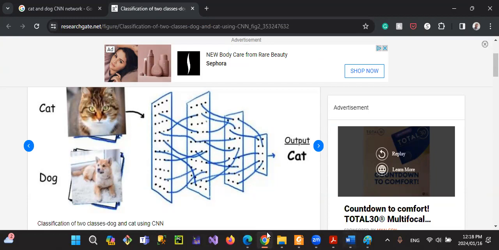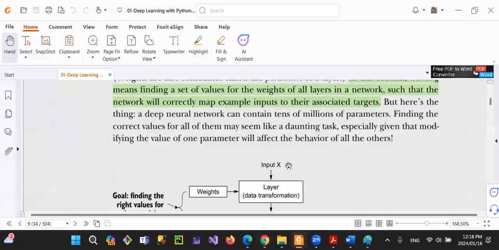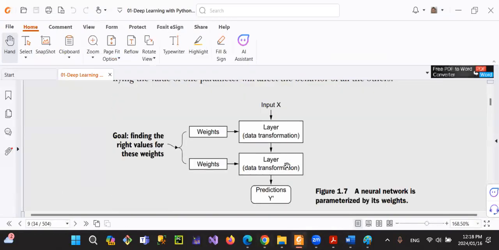Okay, suggestion. This is what we covered yesterday. This is the picture, page 9. Please quickly go to pages 9, 10, max 11. See what are the things that we learned from it.